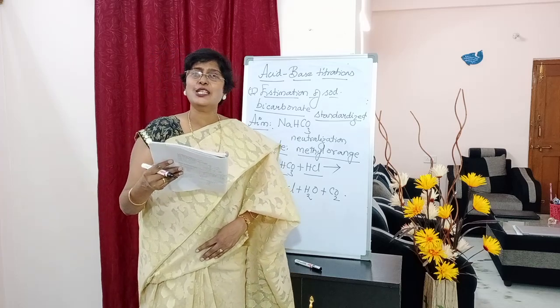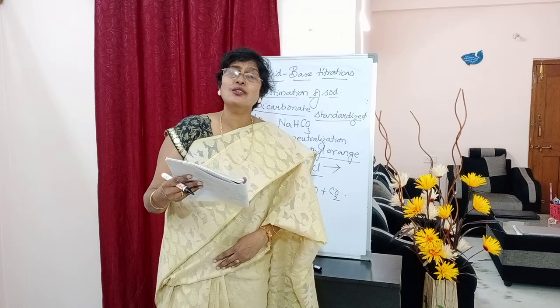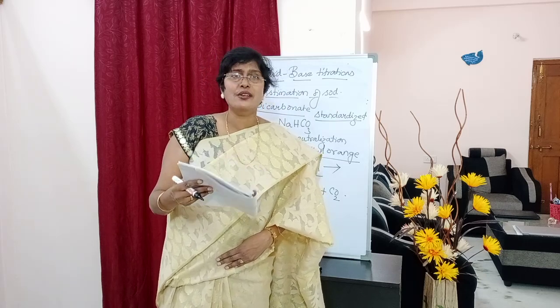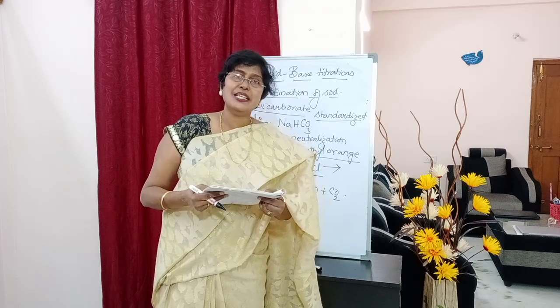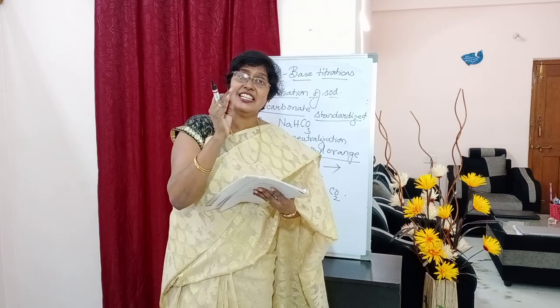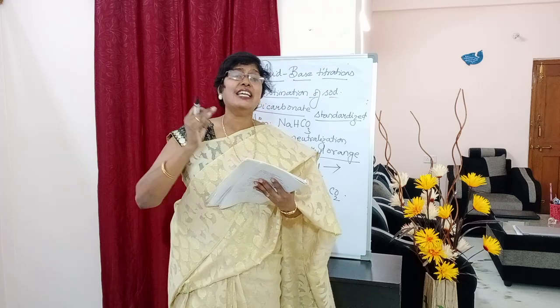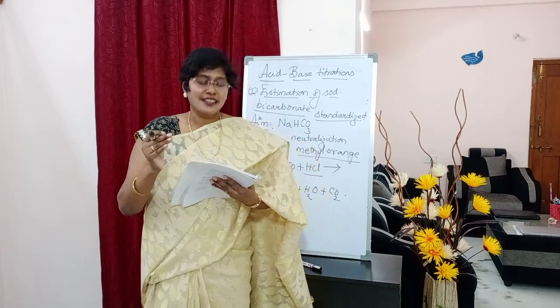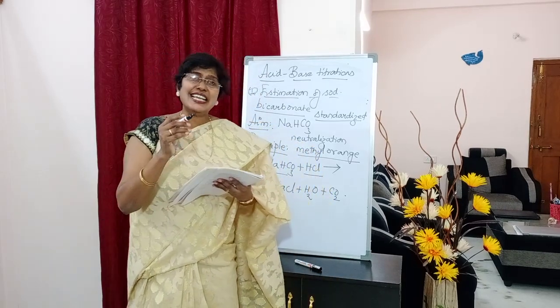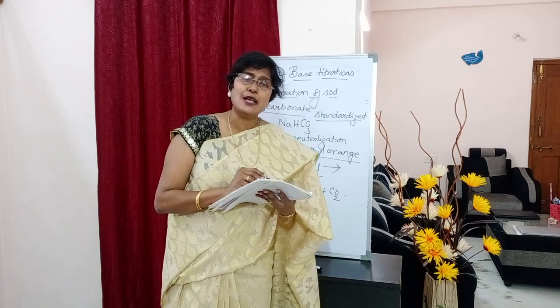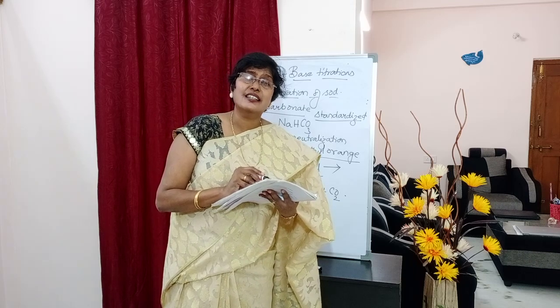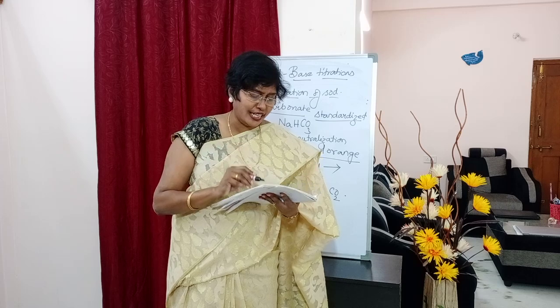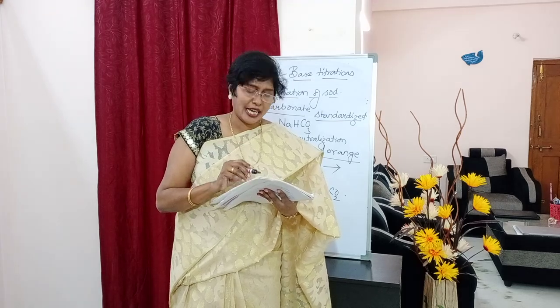What is our experiment students? What is the aim of the experiment? To estimate the amount of NaHCO3 present in the given unknown solution. What is the principle? NaHCO3 reacts with HCl and the endpoint can be detected using an indicator called methyl orange indicator. Now, how is the experiment done? HCl can be standardized by using standard Na2CO3, that is sodium carbonate.